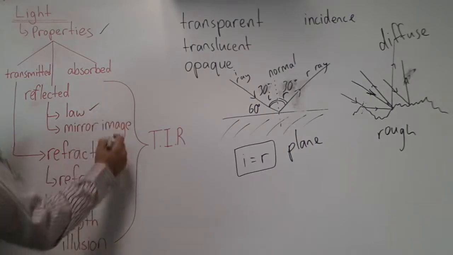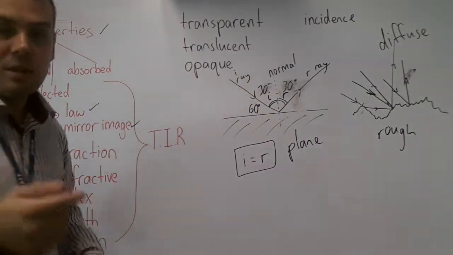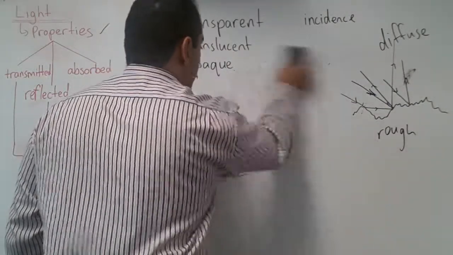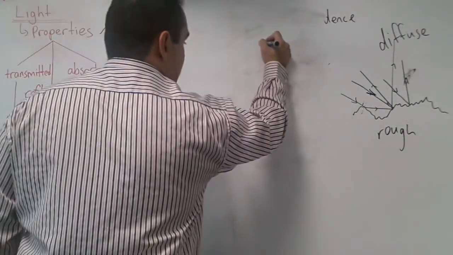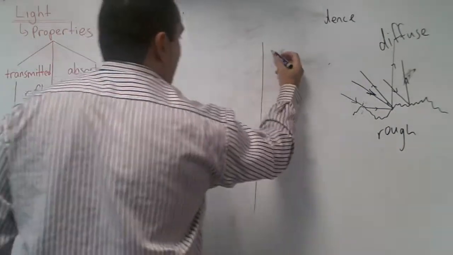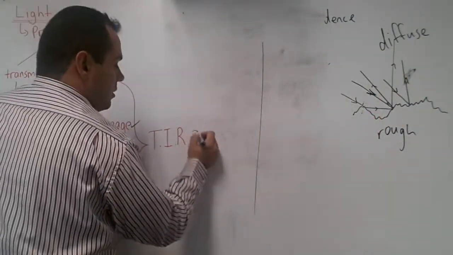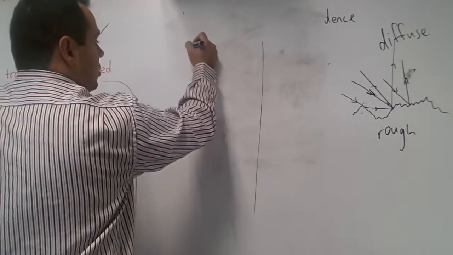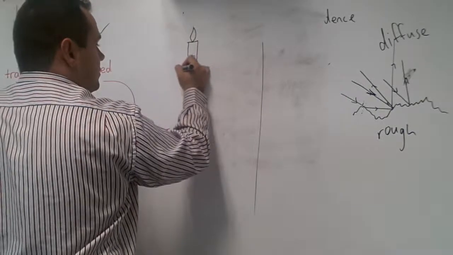That's done. The law's done, and the mirror image is done. Actually, the mirror image, I want to say something else about the mirror image. Hopefully, if I can run this out smoothly. The mirror, if you have a mirror like this, and that side is the mirror, this is where you are. So you're looking at the mirror from this angle over here, that's your eye, and you're looking at an object, and that object is a candle.